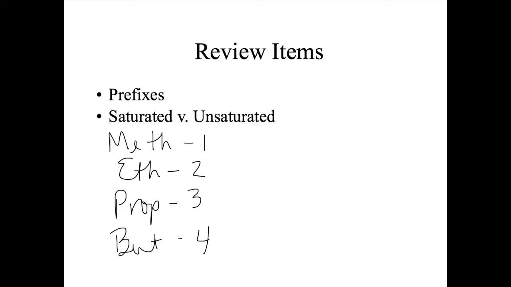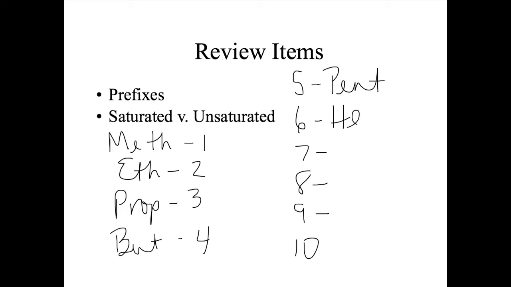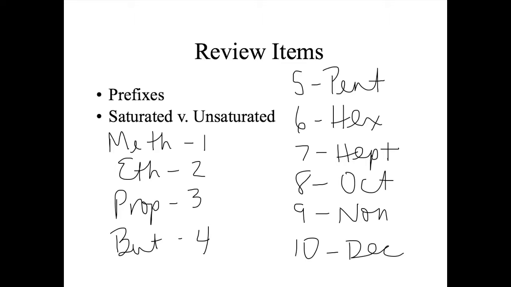Okay, so we did meth, eth, prop, but here, so we still need to go over 5, 6, 7, 8, 9, and 10, and hopefully you came up with pent, hex, hept, oct, non, and dec.